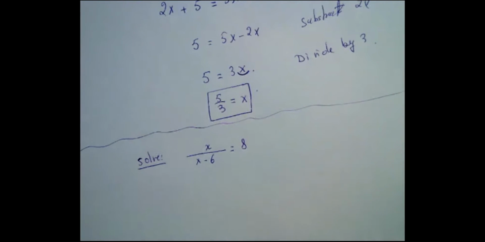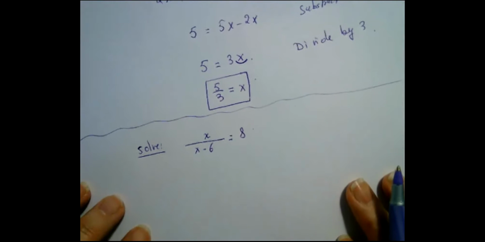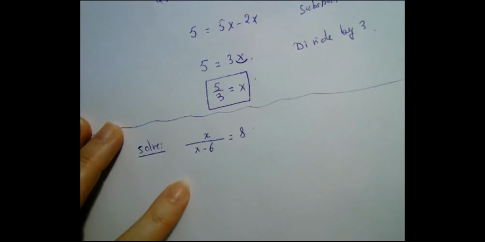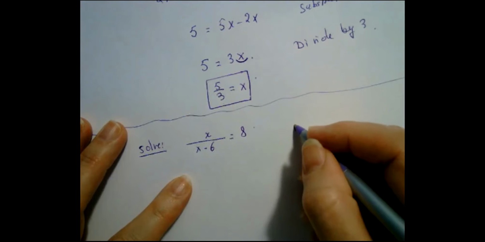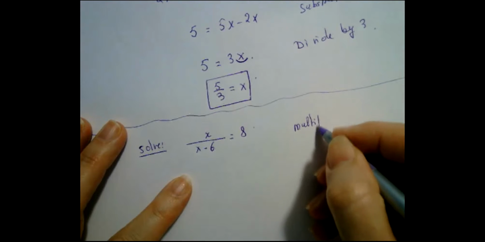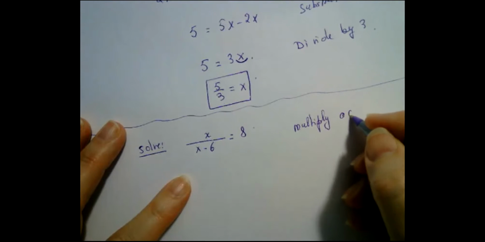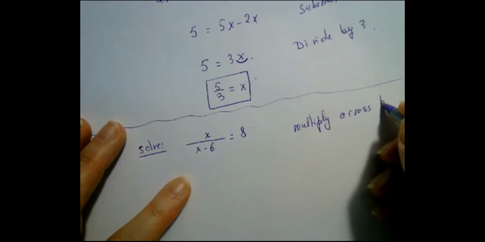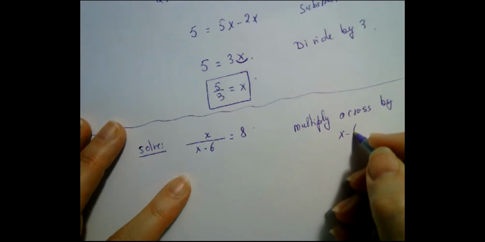Okay, how do we do something like that? Anybody has any idea? Multiply across, if you want, by x minus 6.